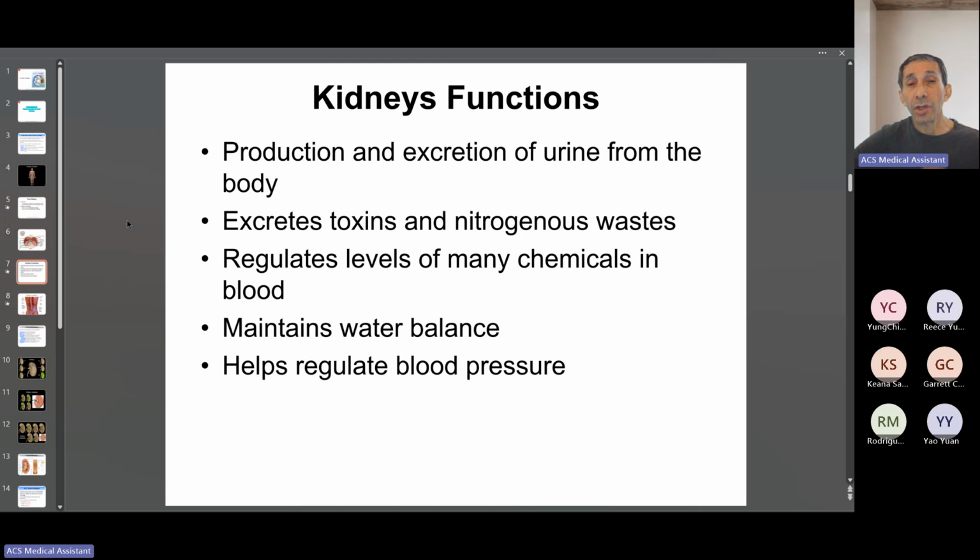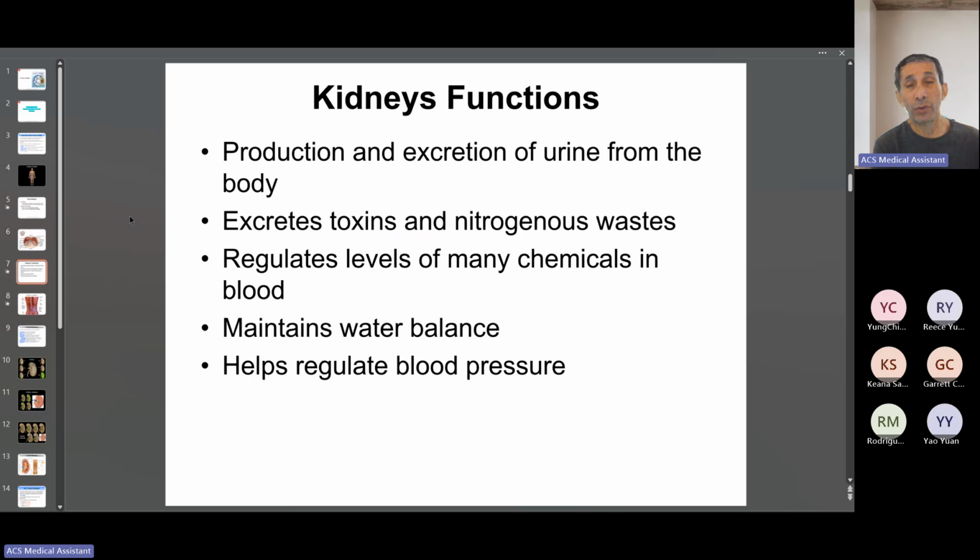Remember, the kidneys are the filters of our body. So we need to know these definitions. The liver is the detoxifier of our body because it removes all these chemicals as well. Remember, it's the place where all these medications pass.